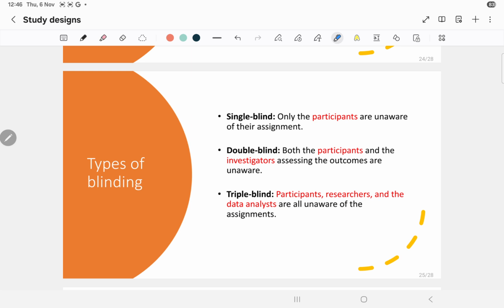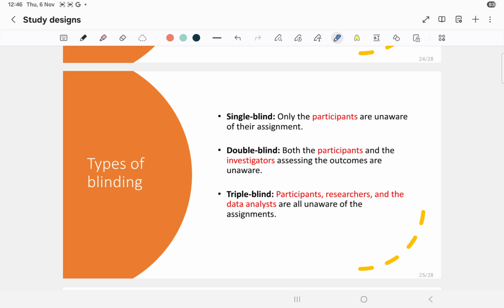So why would we do single blind studies? We could do triple blind in all the studies and reduce all the bias. The reason is that some diseases are life threatening, and there is more risk of adverse events happening. If everybody is unaware and nobody knows what each patient is getting, it will be very difficult to manage the adverse events.